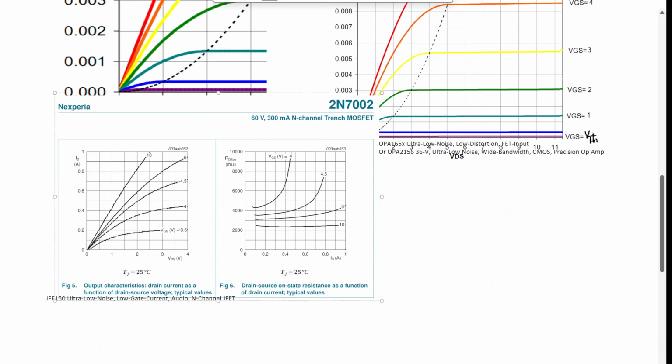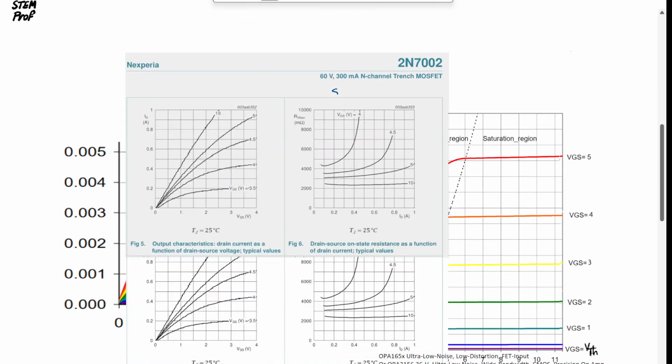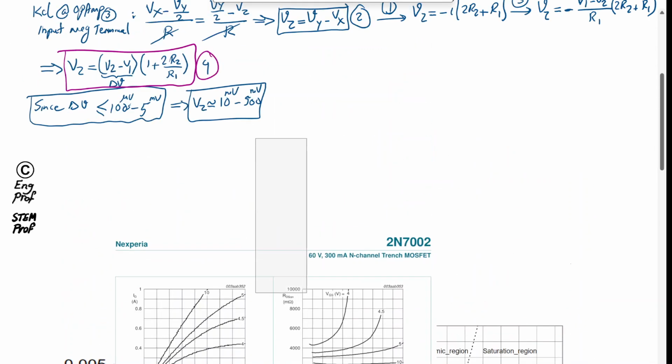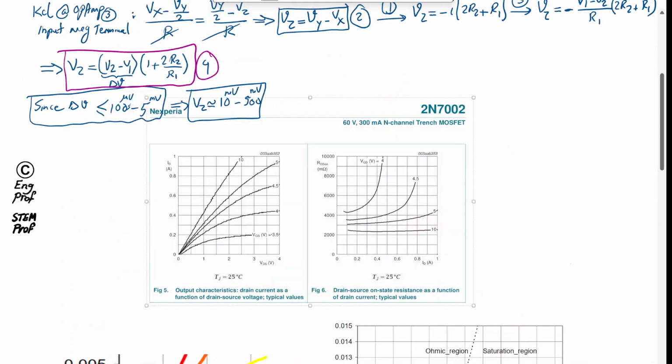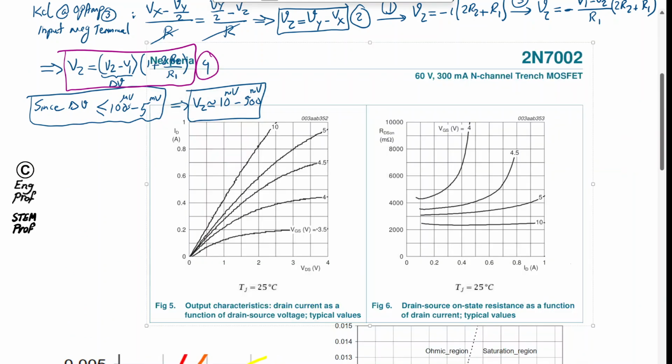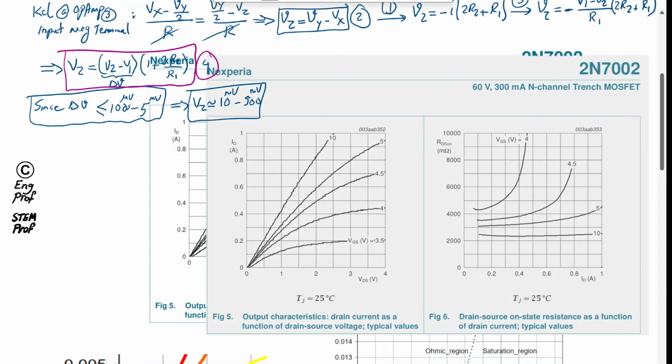So for instance, I have one as an example. I'm not saying this is the best choice, but as an example, the 2N7002 is just a nominal N-channel MOSFET, let's say from Nexperia.